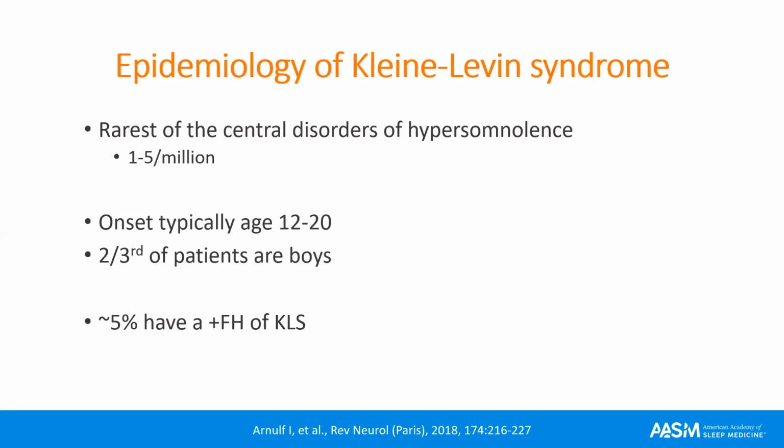The age of onset is usually between 12 and 20. 2/3 of the patients are boys or young adult men. It is generally not a disease that has a strong familial pattern, but about 5% of people with Klein-Levin have another family member who also has it.